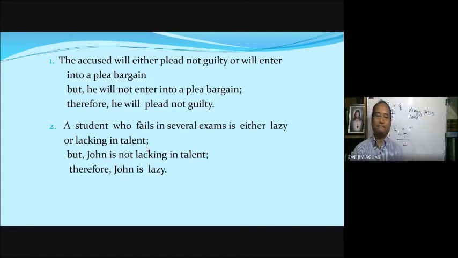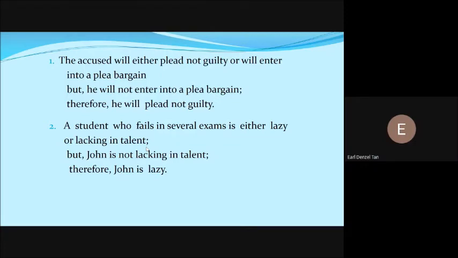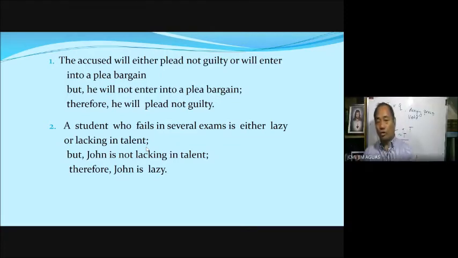Now, take a look at the disjunction. Are lazy and lacking in talent mutually exclusive? Is that a proper disjunction? Improper, sir. That is improper. Why? Because a student can be both lazy and lacking in talent. Now, we said that if it is an improper disjunction, the only valid procedure is the denying process.